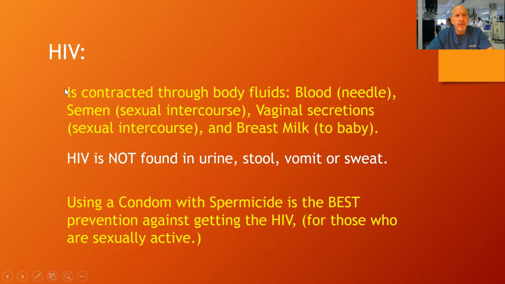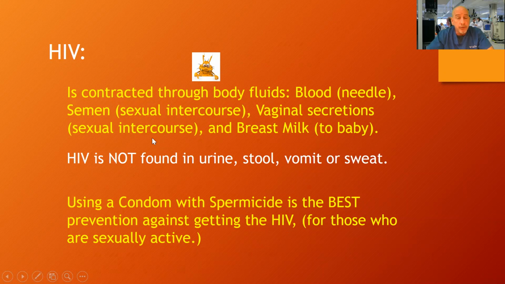Now, this is something you want to remember. There are only 4 body fluids that you can contract HIV through. Blood, in the case of accidental needle sticks or drug users sharing needles. Semen, of course, through sexual intercourse, any form of sexual intercourse. Well, not oral sex, but in the case of vaginal or anal, it can spread that way.